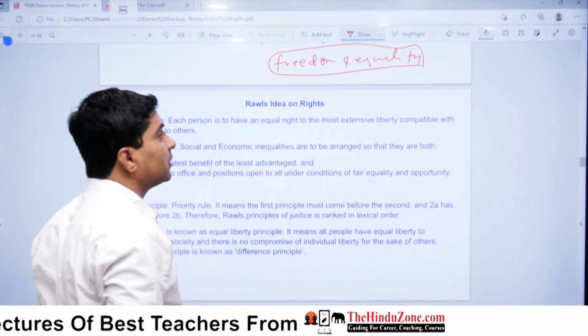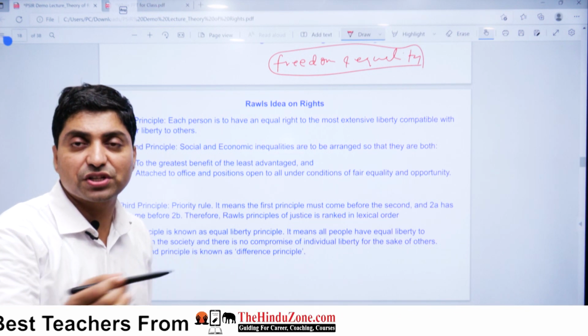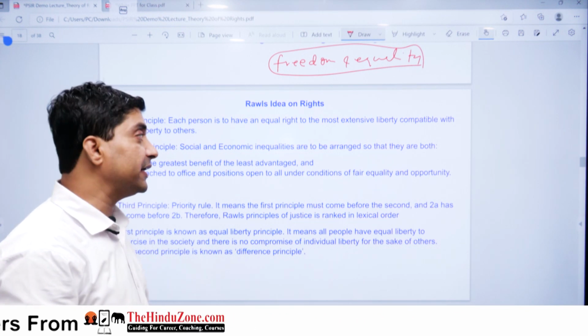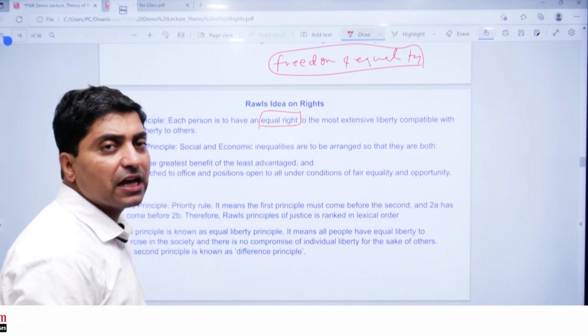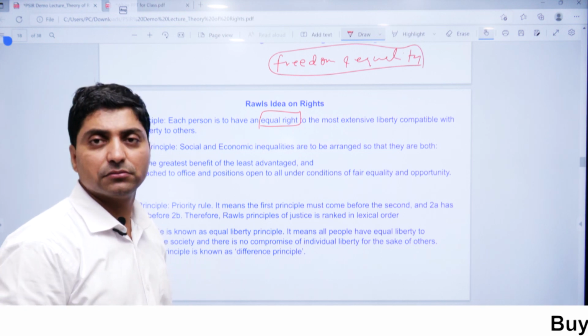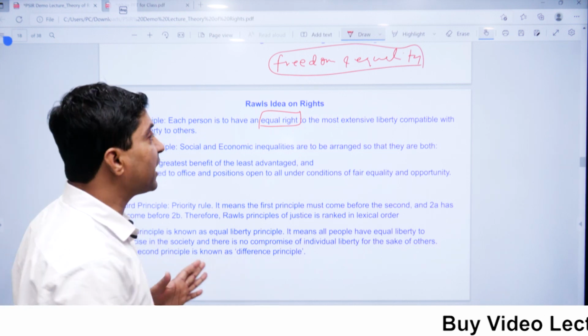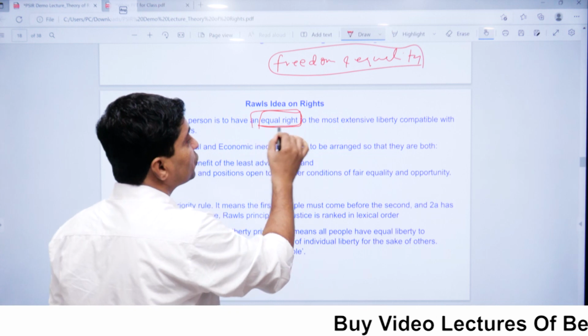He said that each person in the society has an equal right to freedom.